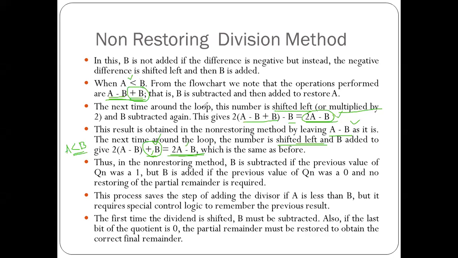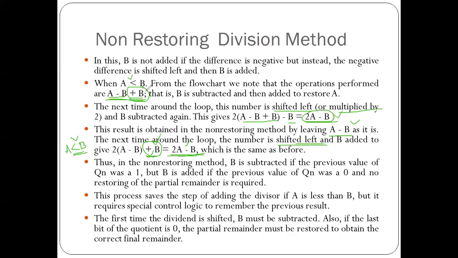You'll proceed as it is, shifting left side and again subtracting B. If E value is 1, it means true subtraction, A greater than B, we won't add B here also. So whenever A is less than B, only then will you add B, either in restoring or non-restoring method.